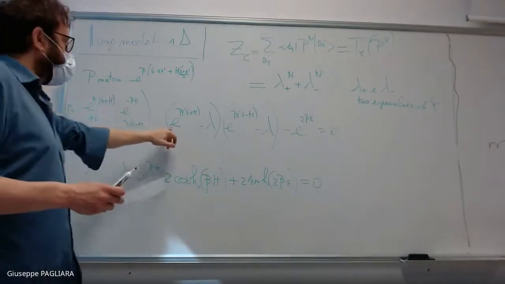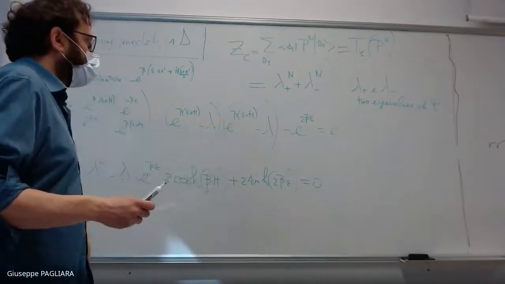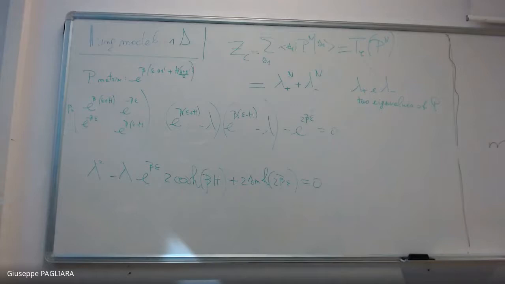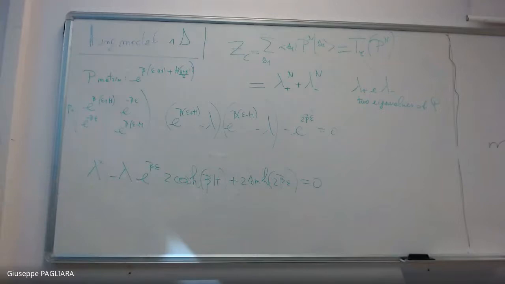So from this, for instance, I get e to the beta epsilon times e to the beta epsilon, then I have minus e to the minus 2 beta epsilon, and this provides us a hyperbolic sine.